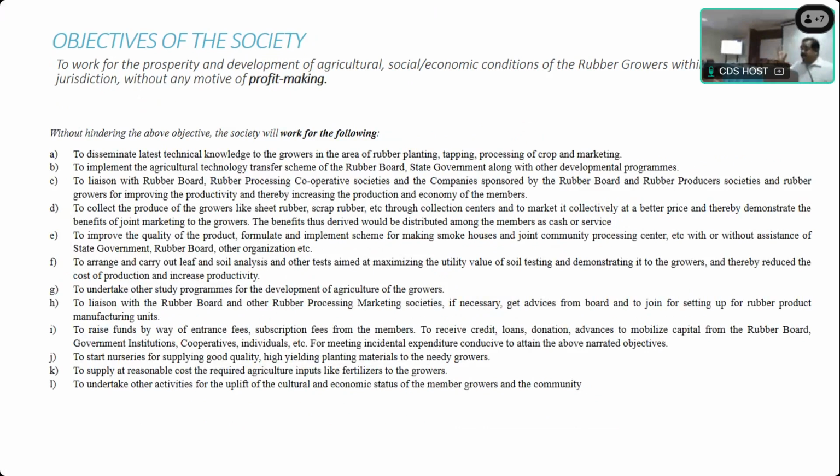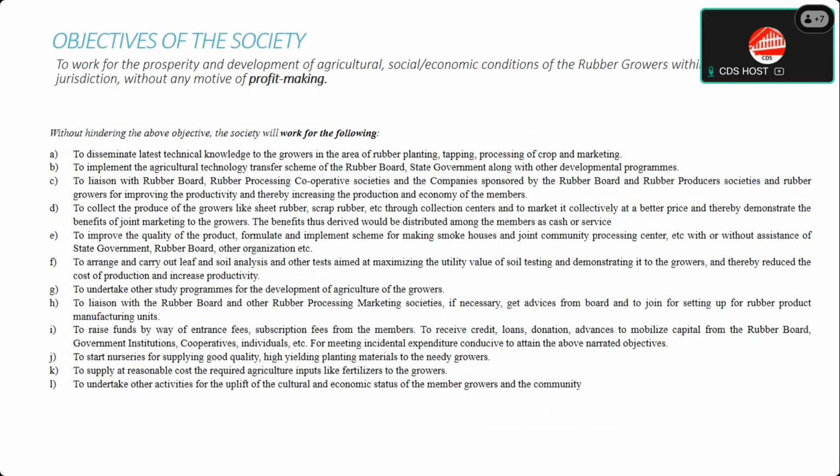I'll just read the objective itself: to work for the prosperity and development of agricultural, economic and social conditions of rubber growers within the jurisdiction without any motive of profit making. The rubber producer societies function for the socio-economic conditions and agricultural development of the rubber growers within the jurisdiction of the RPS and without any profits. That's the goal of the society itself.